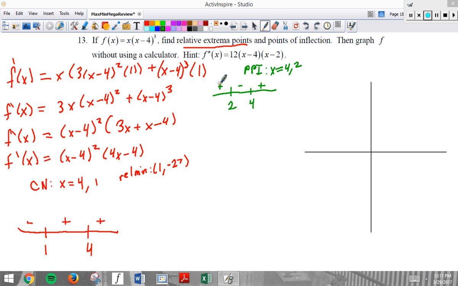So we got up, down, up, decreasing, and then always increasing. So the safe way to do it, concave up, switch, concave down, switch again, concave up. Something like that.